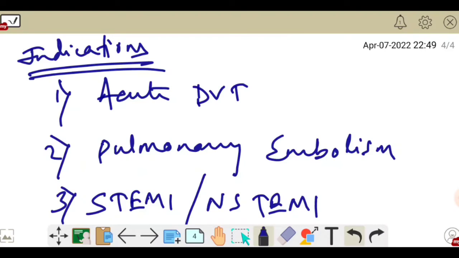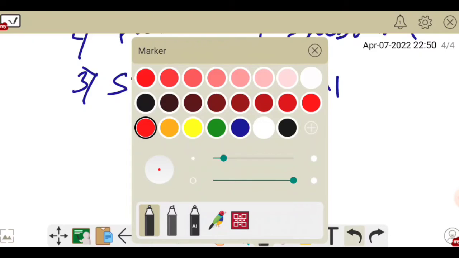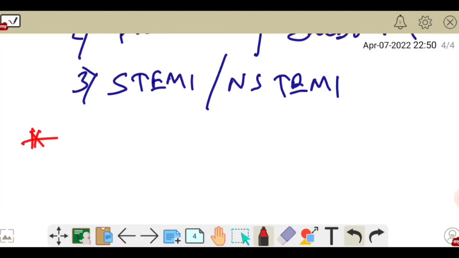Now some very interesting points that you should know about heparin. There is a question that you can ask: when to use unfractionated heparin and when to use low molecular weight heparin. This is very much dependent on the situation.